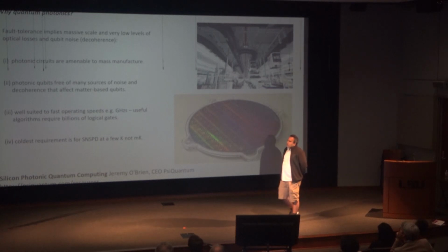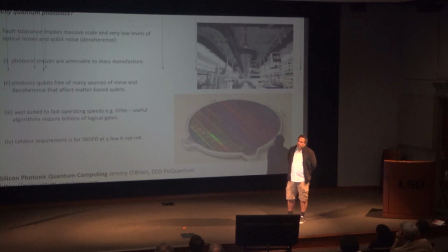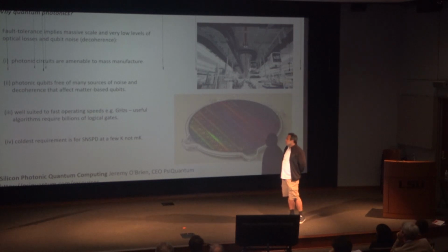And another key advantage is that photonics typically is fast, right? It's no surprise to have photonic hardware running at gigahertz type speeds, which is orders of magnitude faster than typical timescales for superconducting qubits and cold atom systems.